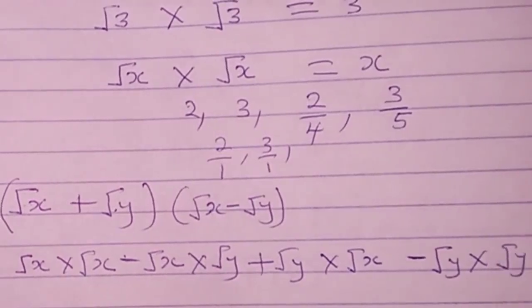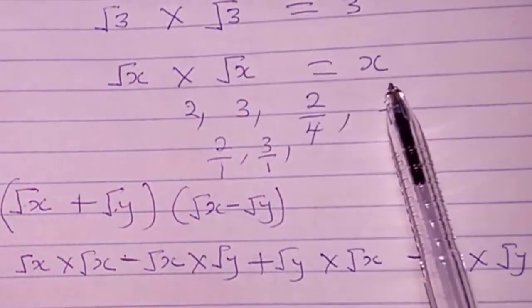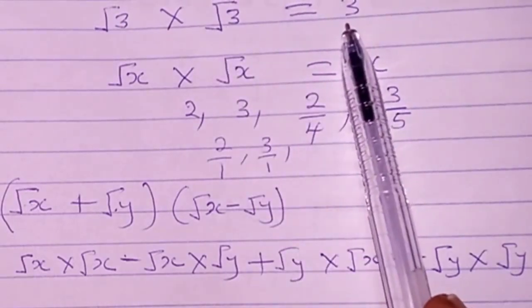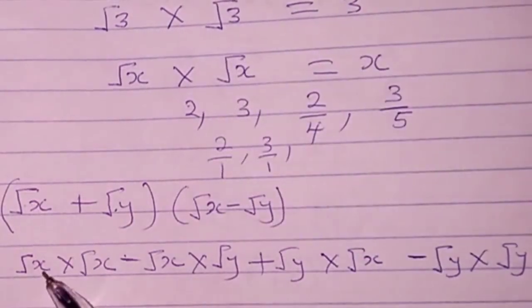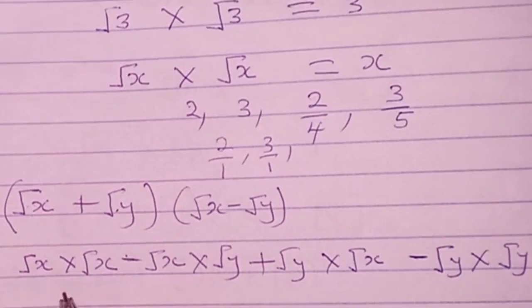Now remember this rule here. Root x times root x gives us x. Root 3 times root 3 gives us 3. Hence, root x multiplied by root x will give us x.